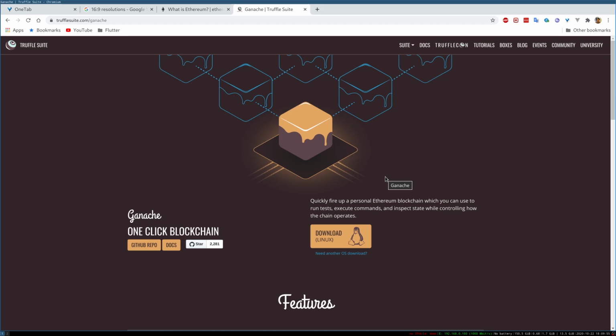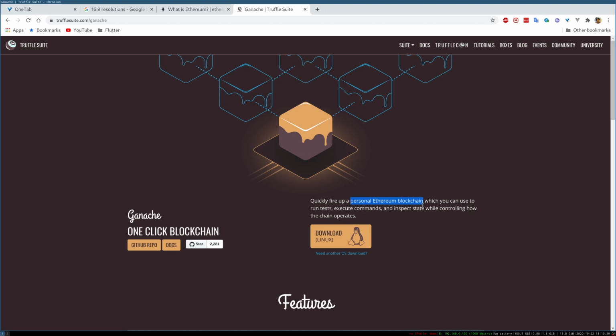So instead, what you would do, right, is deploy your own personal blockchain, right? So there's nothing that is different between the official Ethereum blockchain and your own personal blockchain, except that your personal blockchain will follow exactly the same rules as the official Ethereum blockchain.